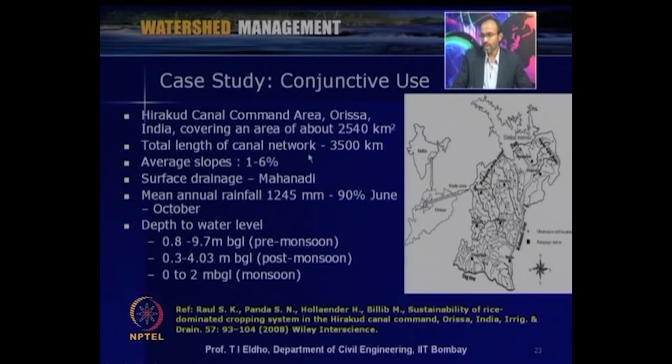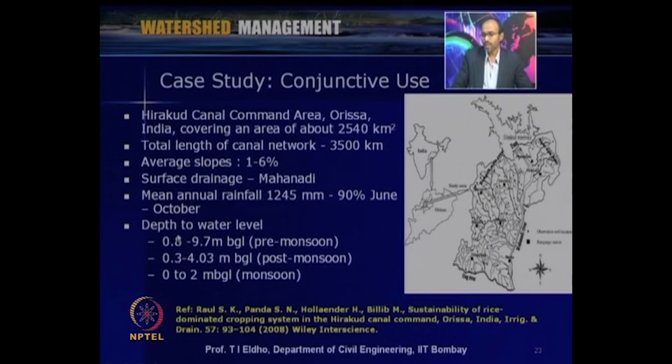The total length of the canal network is about 3500 kilometers. The average slope is 1 to 6%, and surface drainage is mainly the Mahanadi and its tributaries. The mean annual rainfall is approximately 1245 millimeters, most of it during the June to October monsoon season.